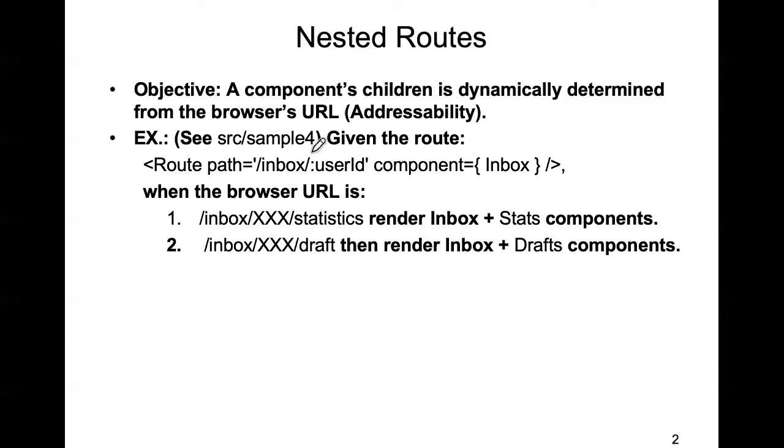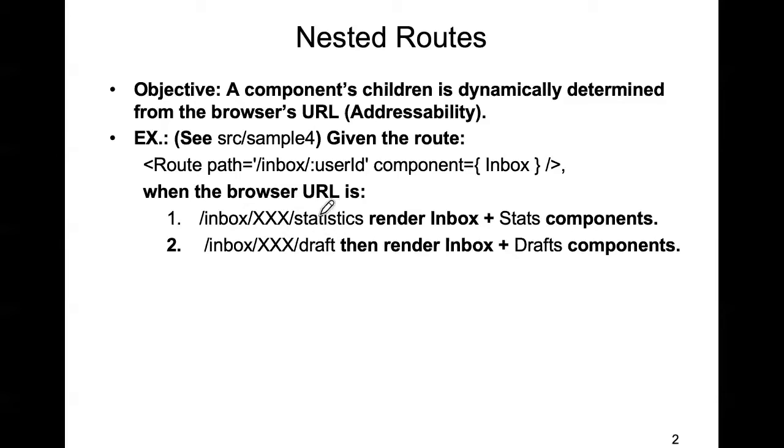And if the browser's URL matches that, then the app will mount the inbox component. But now, what if the URL had an extension onto that base URL, and the extension could be either /statistics or /drafts, as in some statistics on a person's email and maybe some draft emails.